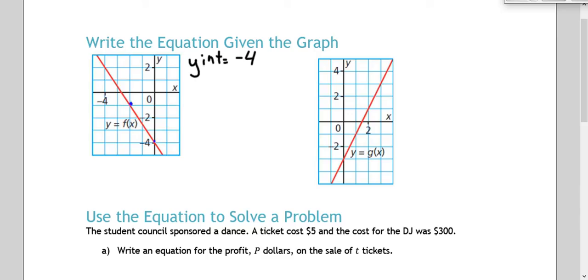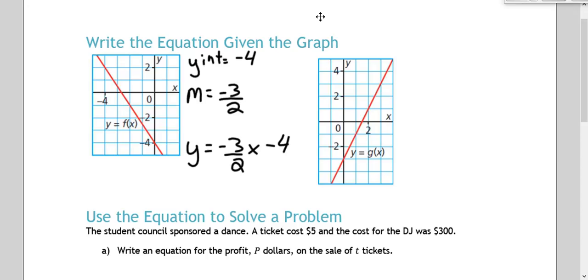That feels like a good point, from here to here. So then 1, 2, and then 1, 2, 3. So that should give us m is equal to down 3 over 2. So that means our equation is y is equal to -3 over 2 x minus 4.